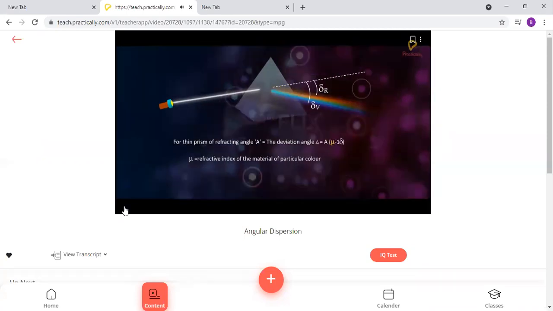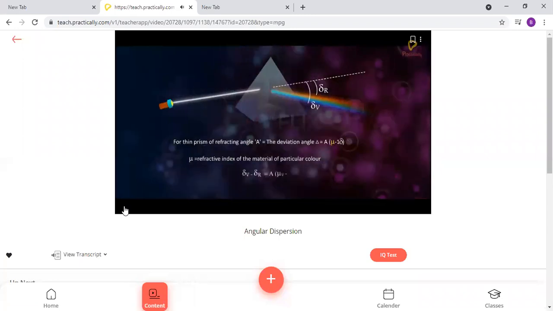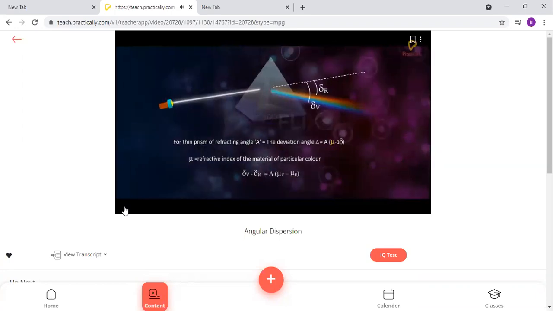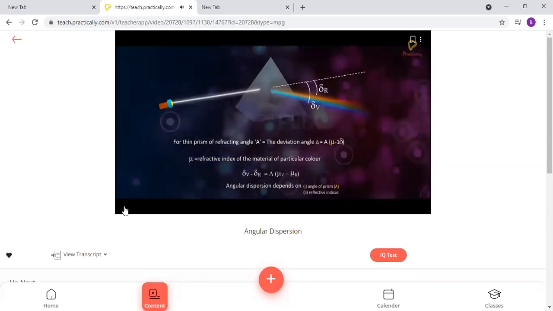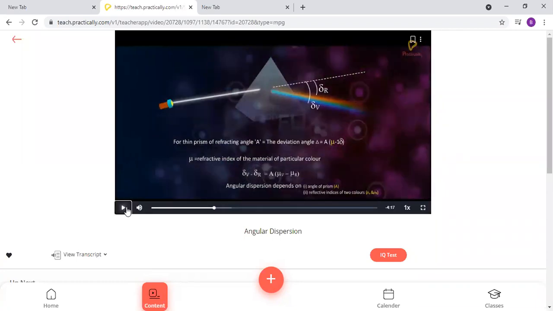From the formula, delta V minus delta R is equal to A into mu V minus mu R. Therefore, we can say that the angular dispersion depends on the angle of the prism and the refractive indices of the two colors. It is one more question. Angle of dispersion depends on two conditions. One is the angle of the prism A value. Another one, refractive index of two colors, minimum and maximum, violet and red.